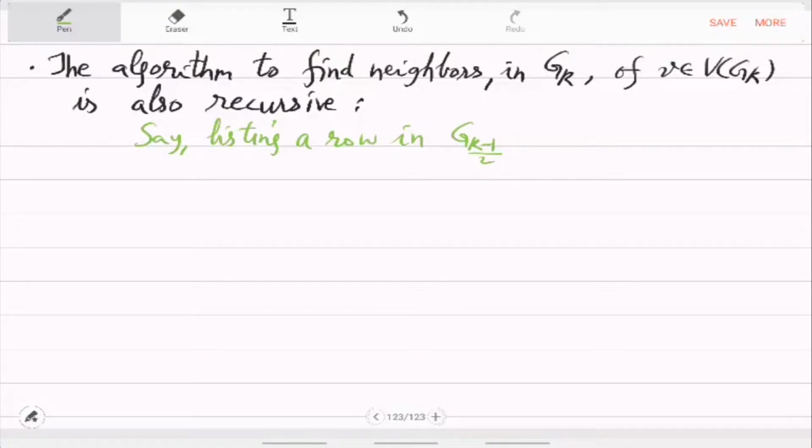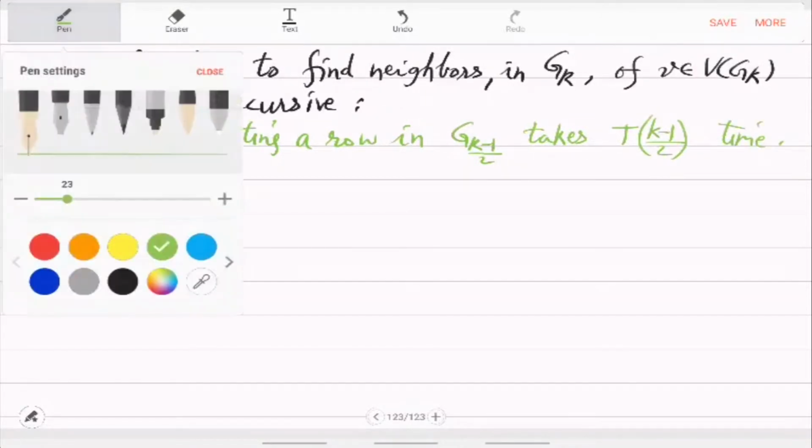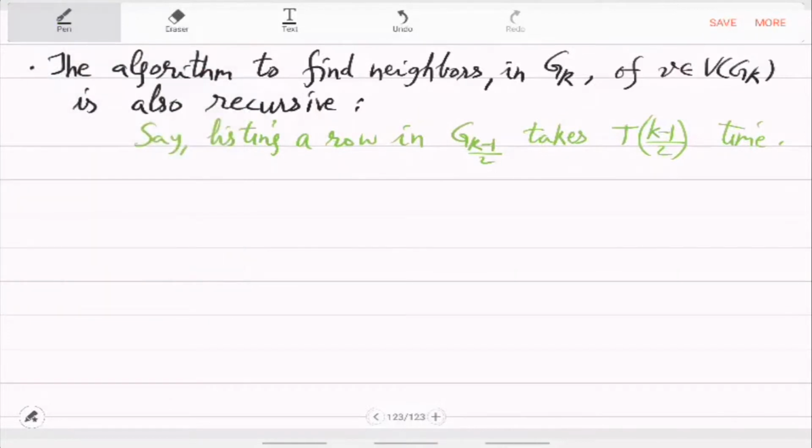So listing those entries, those positions takes, let's say, t_{k-1} time, and using this subroutine you can get the expression or even the algorithm, recursive algorithm, to list a row in Gk.